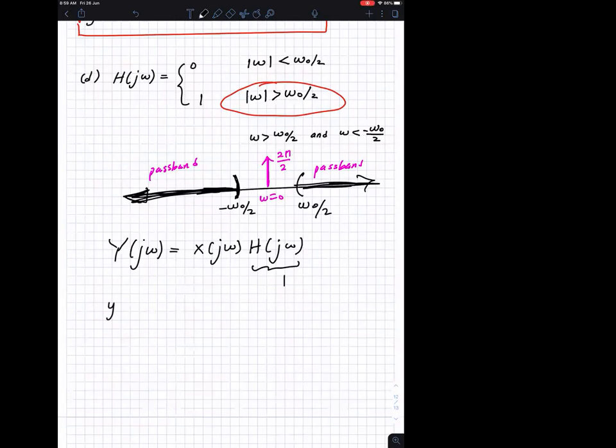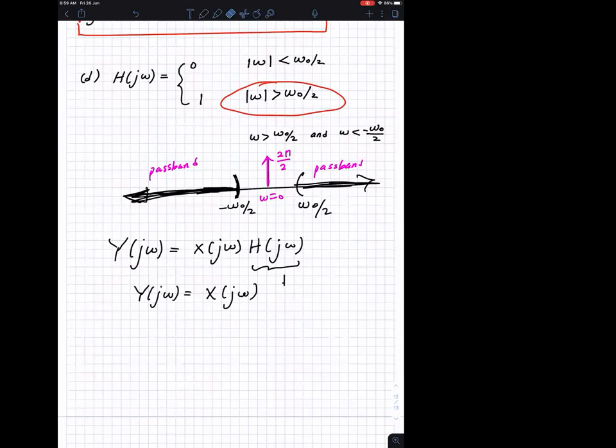So what's going to go through? What's going to go through is just the input, and then minus the DC part.